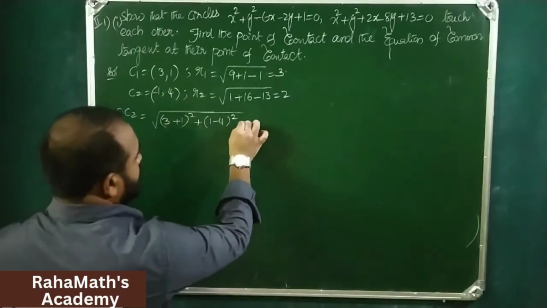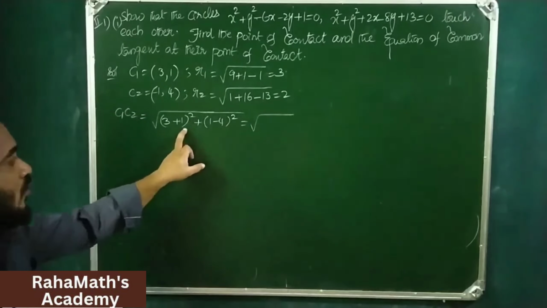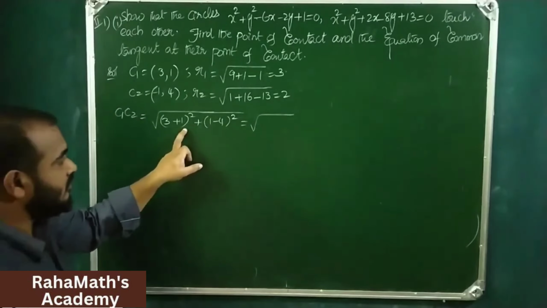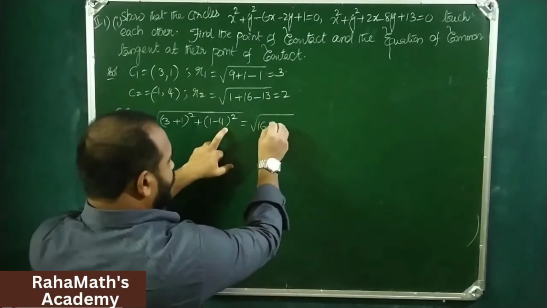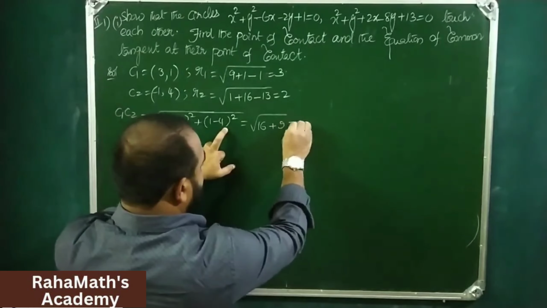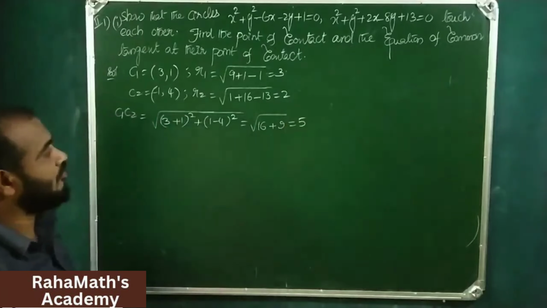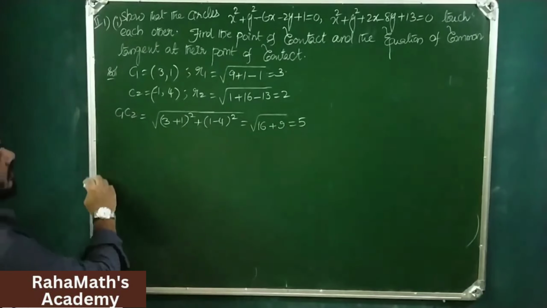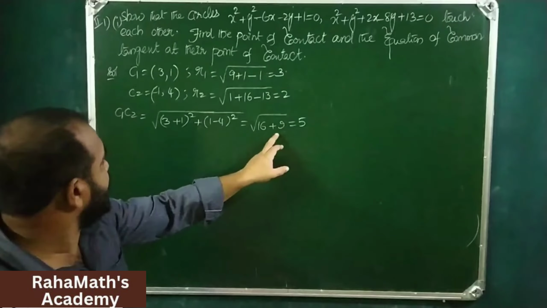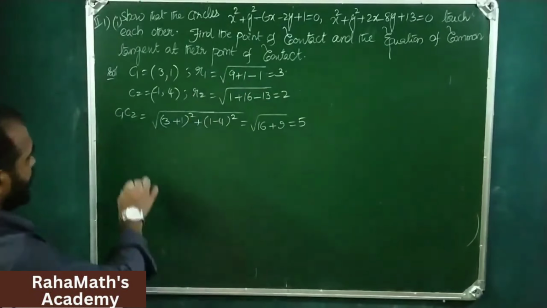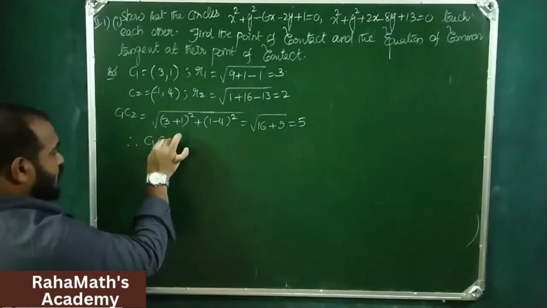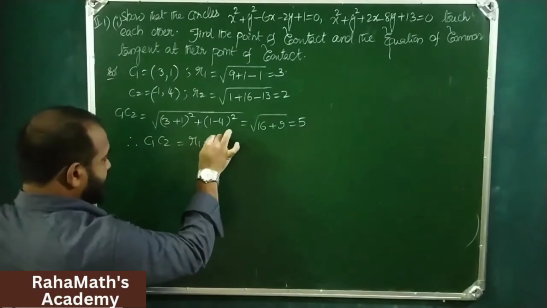That is equal to 3 plus 1 whole square, 4 square 16, 1 minus 4 whole square, 3 square 9. So this is equal to root 25, which is 5. Now clearly C1C2 is 5, R1 plus R2 is 3 plus 2, 5. Therefore C1C2 is equal to R1 plus R2.